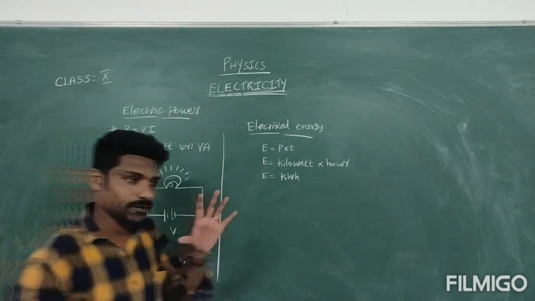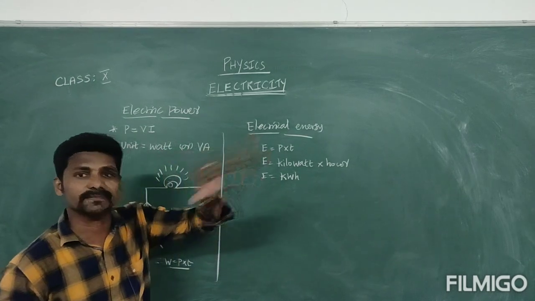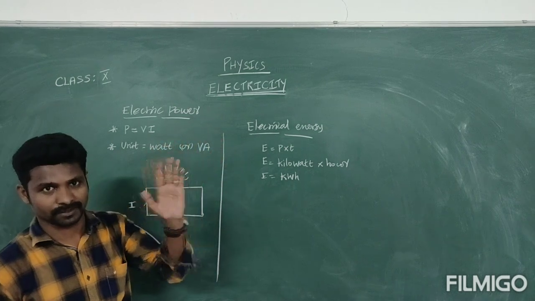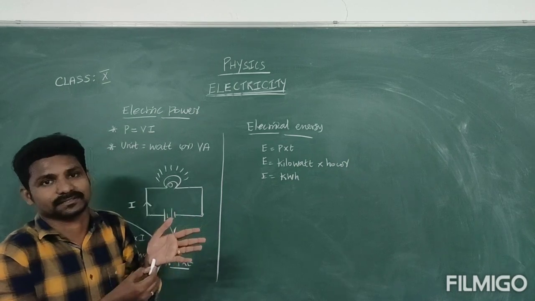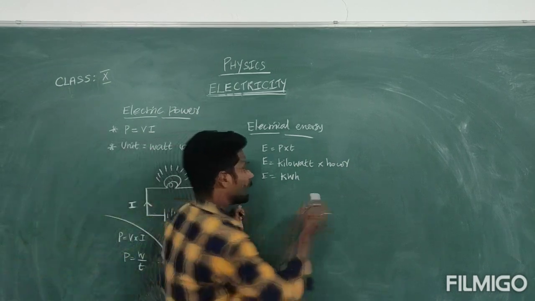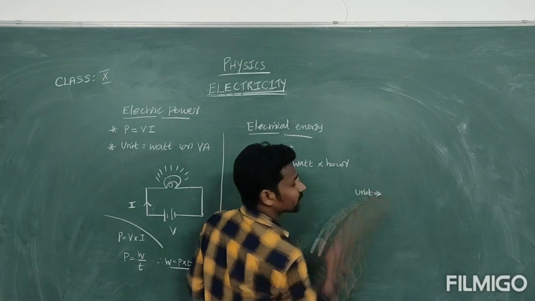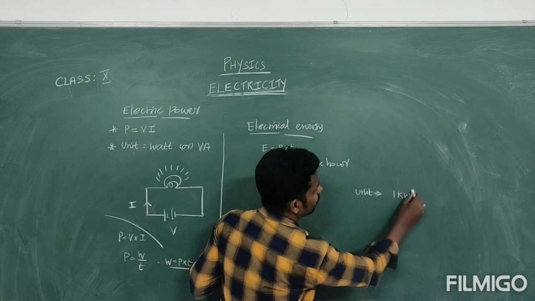If you observe the electrical bill reading, they mention it on the electric board card: 500 unit, 600 unit, 100 unit, like that. So what is that unit actually? That unit is the kilowatt hour.